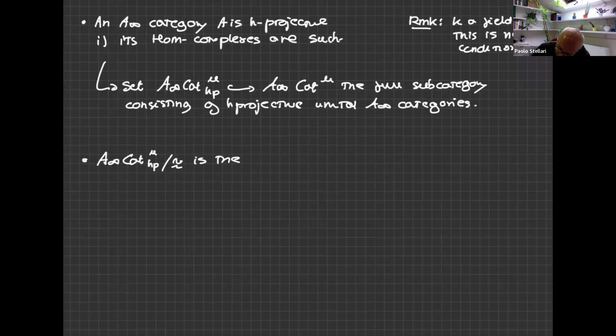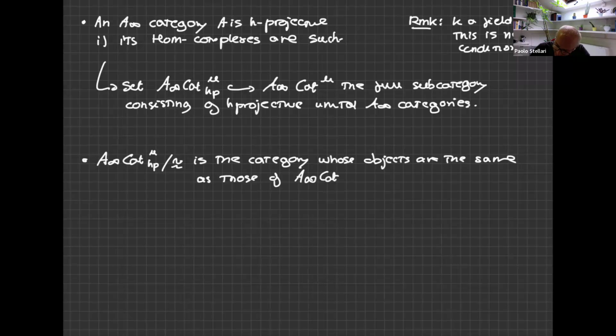It is the category whose objects are the same as those of A infinity cat U, and for morphisms we do the following.